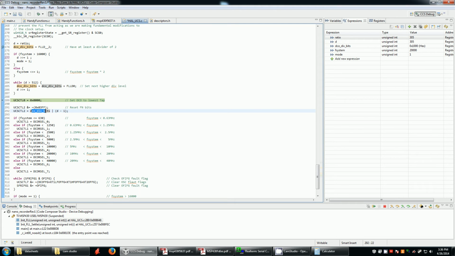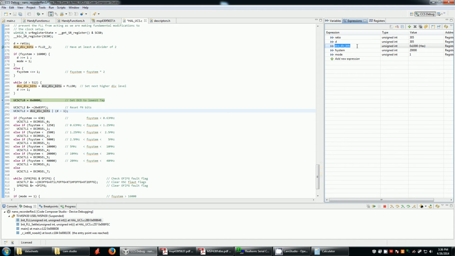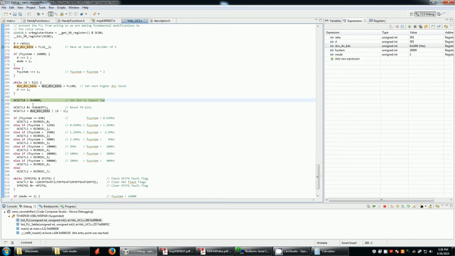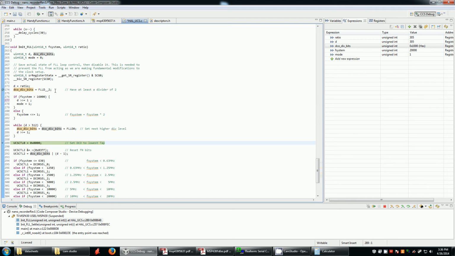So the DCO div bits is our prescaler, and if you look over here, DCO div bits is set to 1, 0, 0, 0. And the reason that it's set to that is, remember, we loaded it with this pound define FLLD, and if you look at this, this is set to 1, 0, 0, 0.